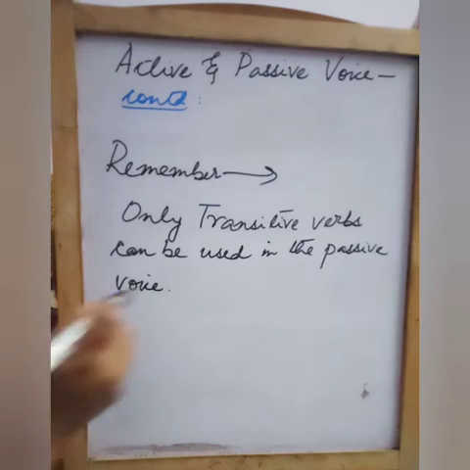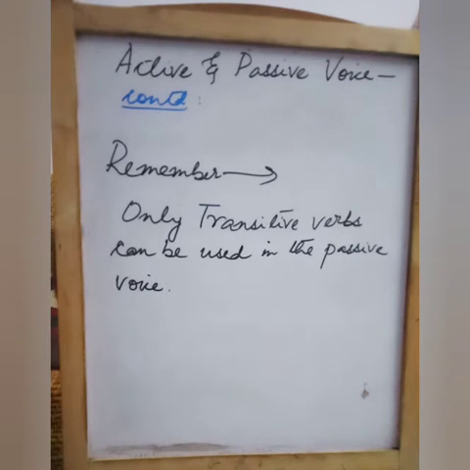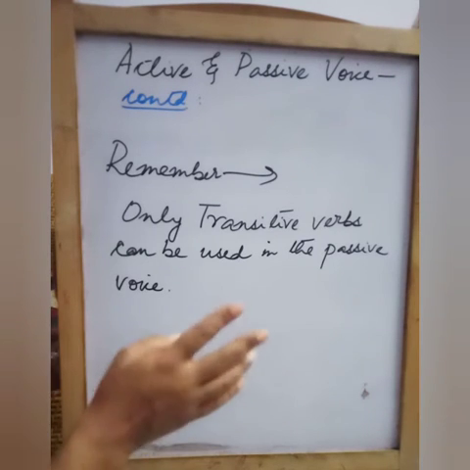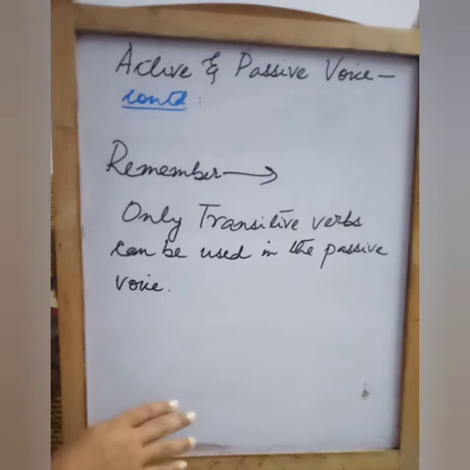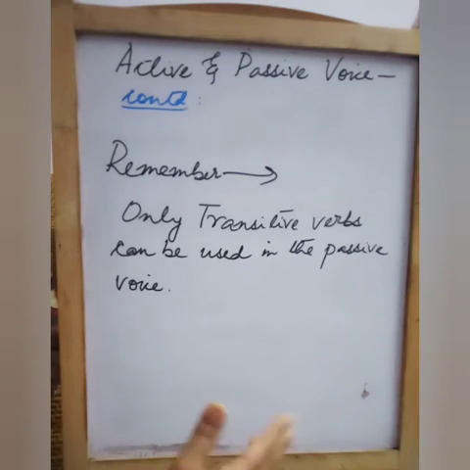Why? Now see, what is a transitive verb? You know, a transitive verb is a verb the action of which is transitioned or changed from the doer to the object, isn't it? When in a sentence the action done by the doer or the subject is transferred to the object, then such a verb is called a transitive verb.